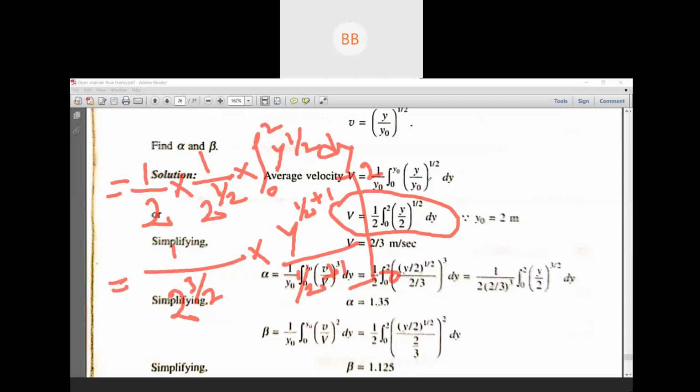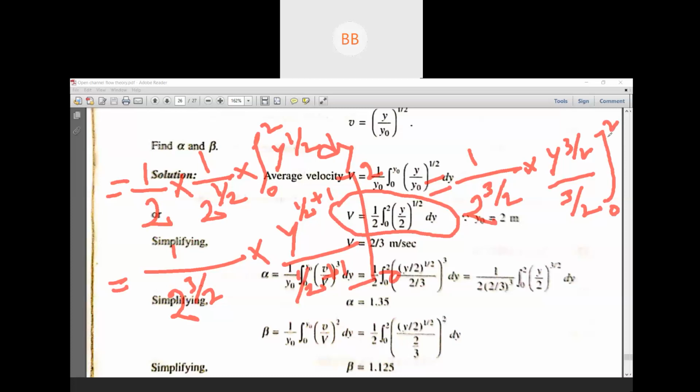Then again, it will be 1 by 2 to the power 3 by 2 multiplied by y to the power 3 by 2 divided by 3 by 2, limit 0 to 2.